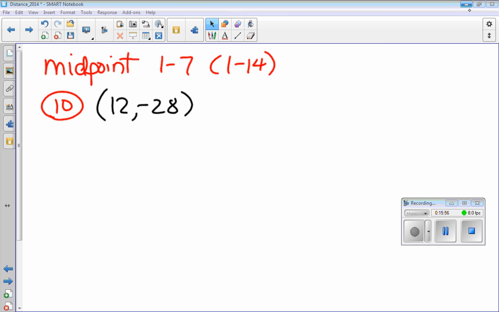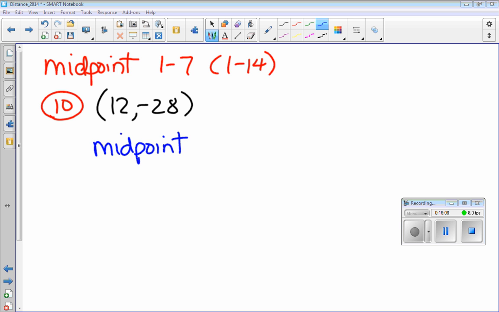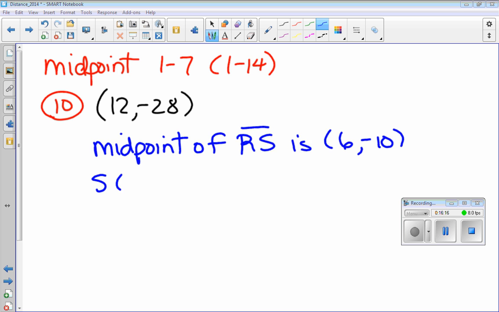All right. So question 10. You are given, I'm going to borrow somebody's real quick if you don't mind. All right. So question 10, you're given the midpoint of RS. Is 6, negative 10. And we are given S to be 0, 8.